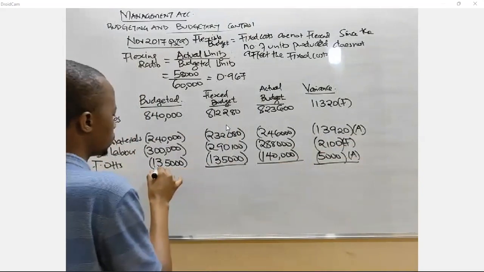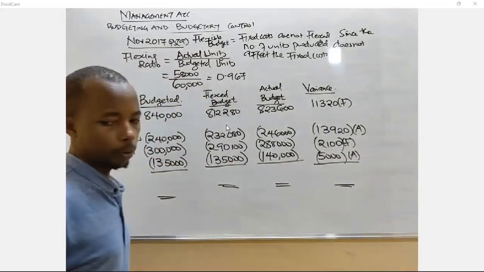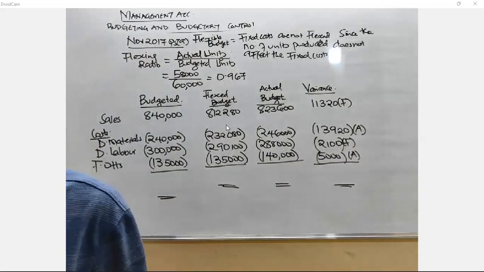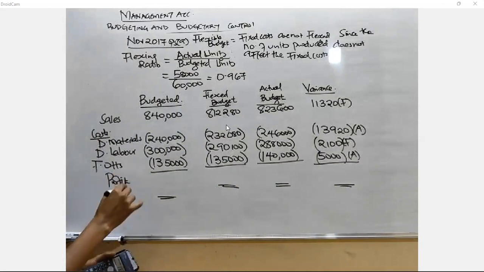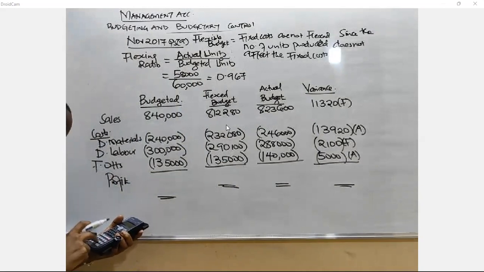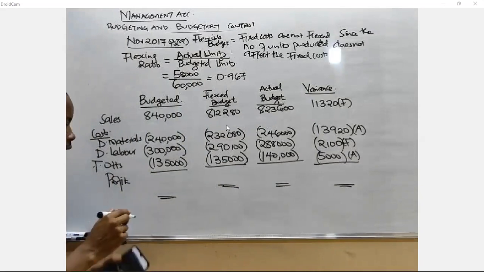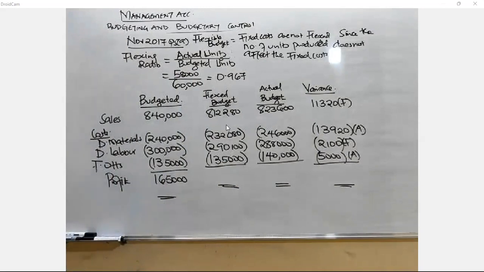What is your profit now? Let me start with the budgeted. The budgeted will be 840,000 minus 240,000 minus 300,000 minus 135,000, getting 165,000. What about the flex?